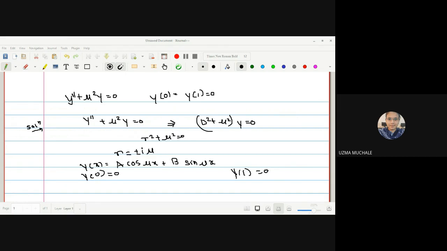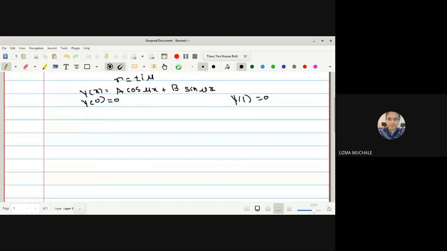Are you getting the values of A and B as 0 by putting the boundary value conditions? Y of 0 is 0, y of 1 is 0. Yes, ma'am.